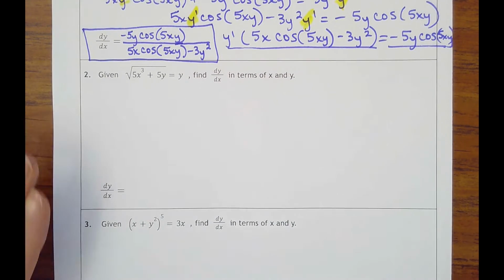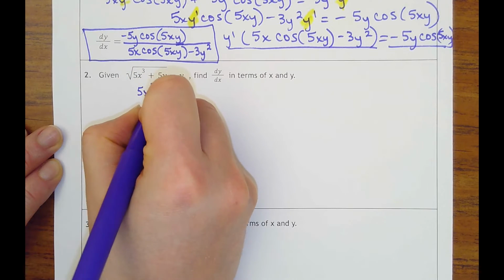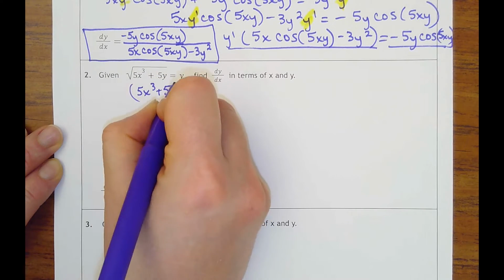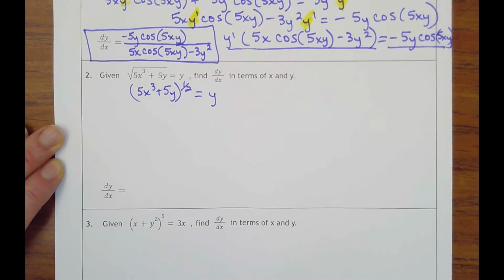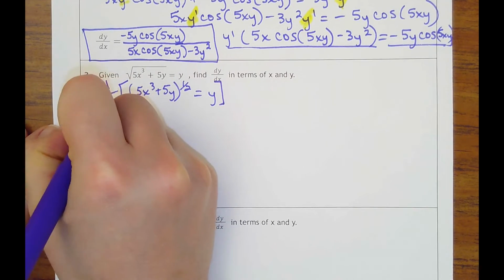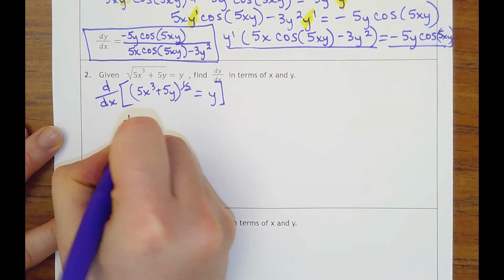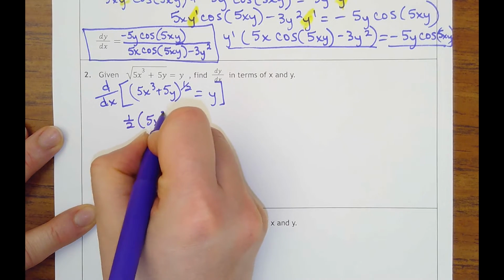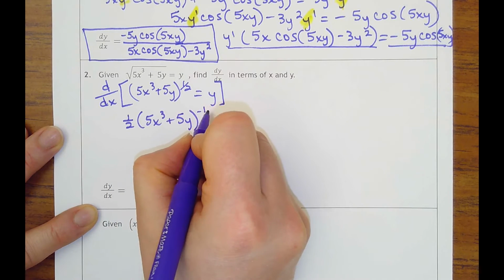Number 2 has a square root, so my first thing I do is rewrite this 5x cubed plus 5y raised to the 1/2 power so that we can do our chain rule. So we're taking the whole thing times d over dx, or derivative with respect to x. So chain rule says to bring the 1/2 in front, keep the inside the same, subtract 1/2 from the power.